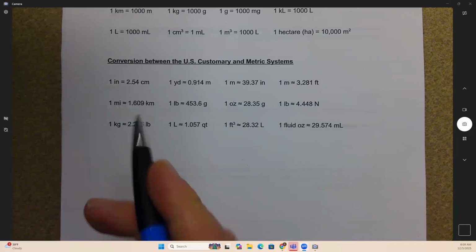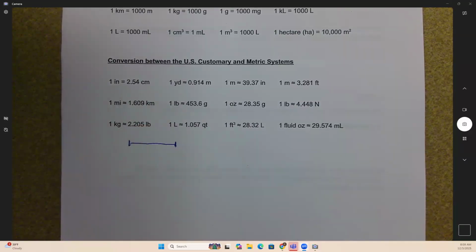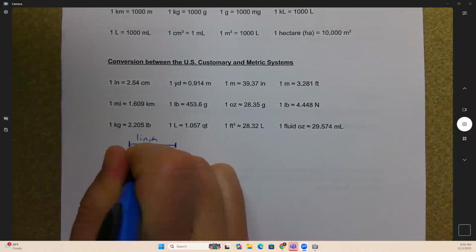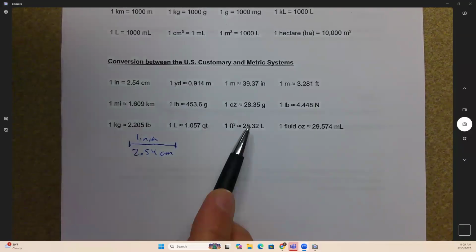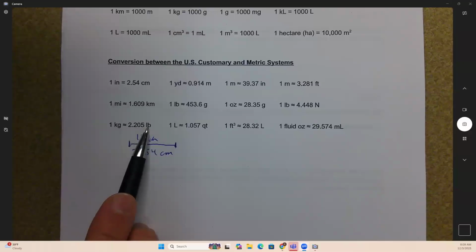For example, 1 inch, which is about that long, is 2.54 centimeters. If you're going from pounds, 2.205 pounds is 1 kilogram.